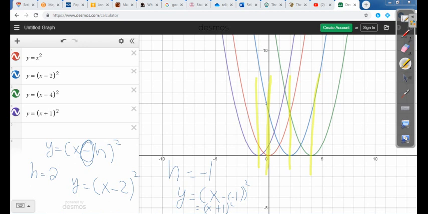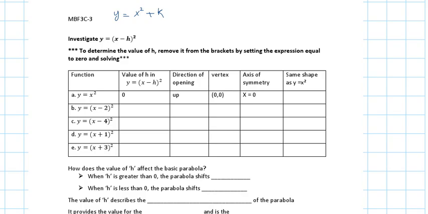Okay, so let's go and fill things up. Remember, it's because of this negative that things are messed up. So the h value here is 2. Direction of opening was what? They were all up. If you go back here, they were all opening up.